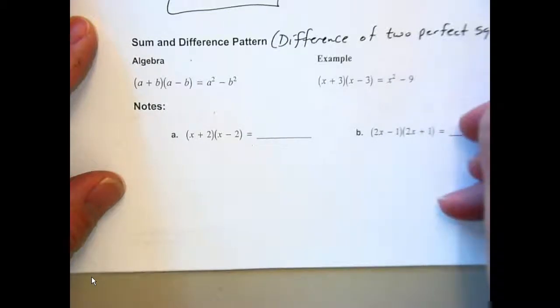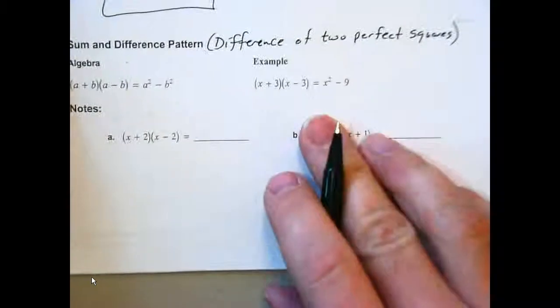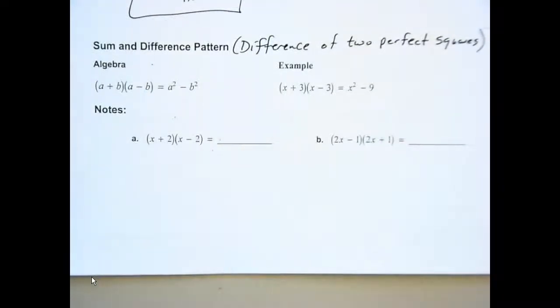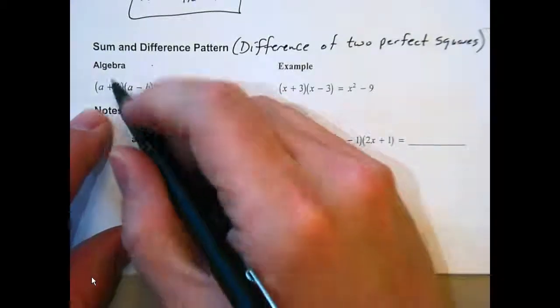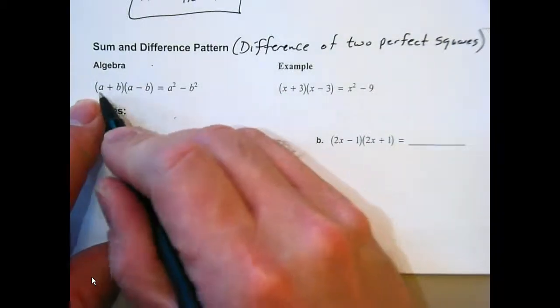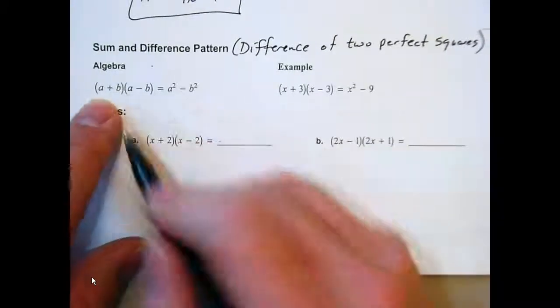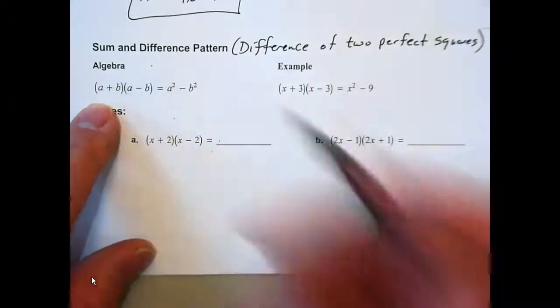It makes sense because you distribute everything in the first parenthesis set. So when you're going through this, if you have A plus B and A minus B, note the similarities and note the differences. One has a plus, one has that minus.